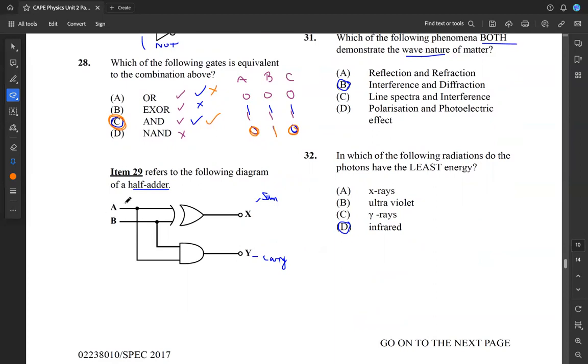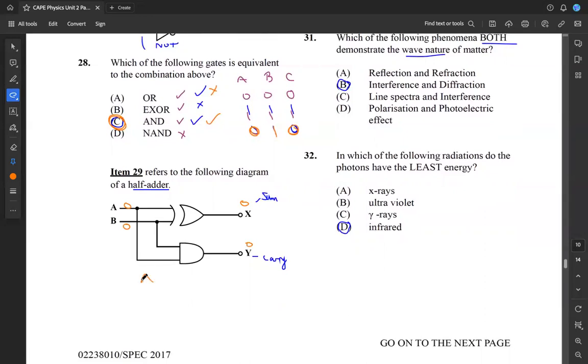Say we put in 0 at this input and 0 at this input. At this OR gate, what we're going to get is the sum of these 2 bit numbers. And then down here at the AND gate, we're going to get the carry. But because we're adding 0 and 0, the sum is going to be 0 and the carry is also 0. Okay? So that's how a half adder works.